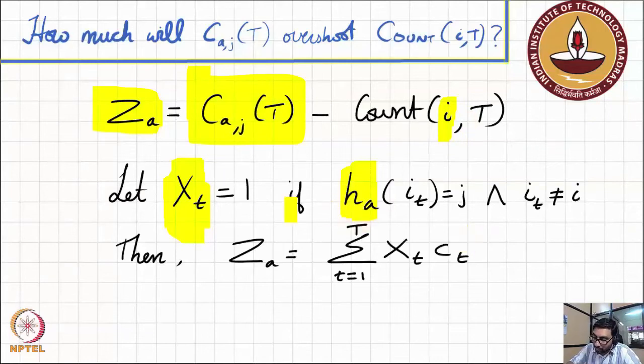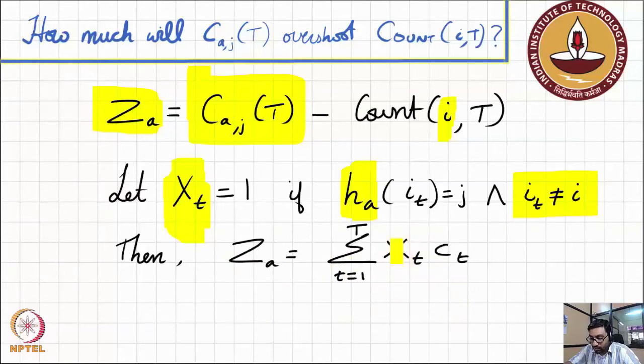And remember, we are interested in the excess, so this excess should be created by items other than the item I that's of interest. So we need this extra condition to ensure that we're only counting those items that are not I itself.